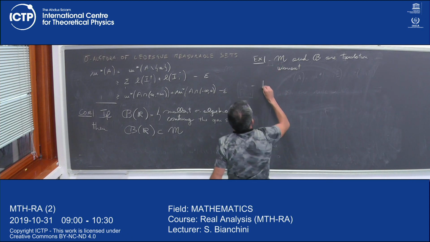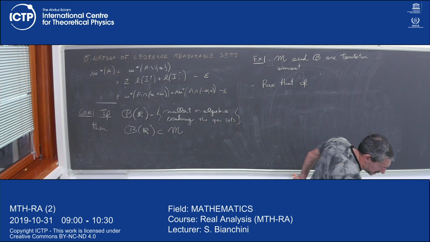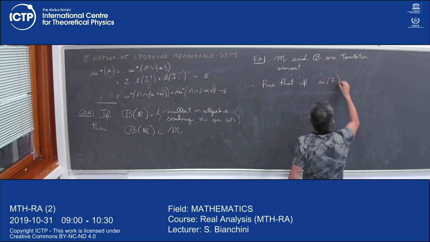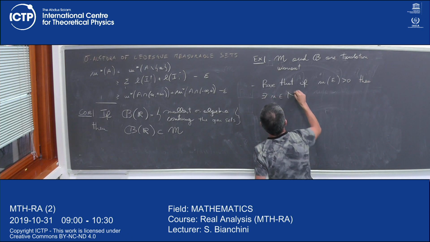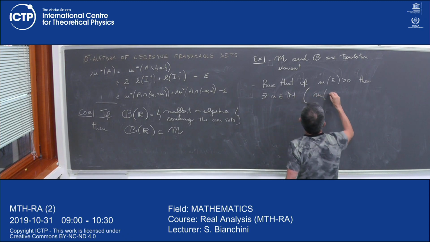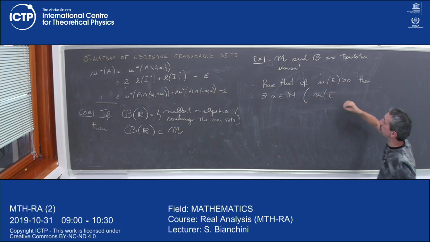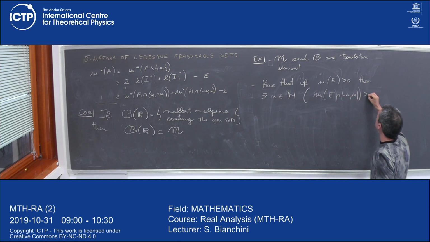Now, prove that if the measure of E is greater than 0, then there exists n, a natural number, such that the M of E intersection minus n to n is greater than 0.